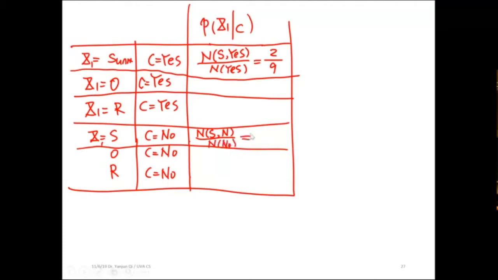Sunny and no is how many? 3? Is it 3? 3 over 5.